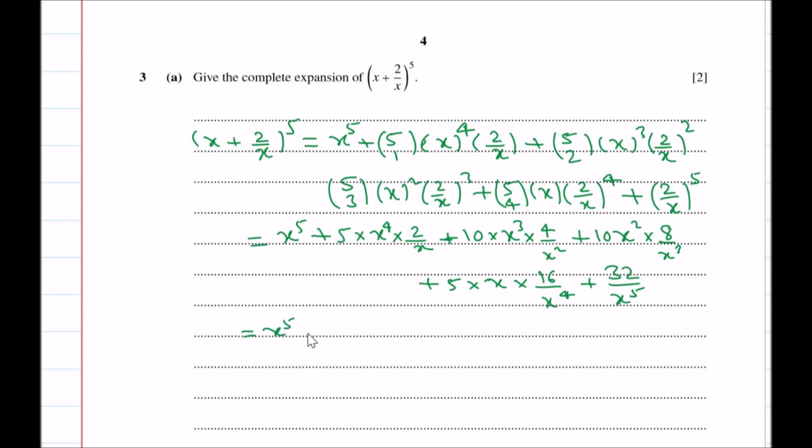x to the power 5, if you simplify this, 5 into 2 is 10 and x^4 and x divide, so 10x cube, plus 10x cube, plus next term will be 40x, plus 80 by x, plus 80 by x cube, plus the last term, that is 32 by x^5.